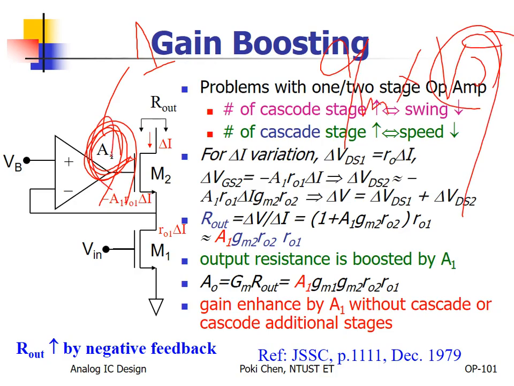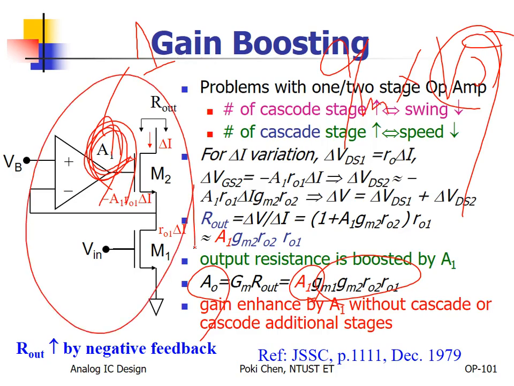Then similarly, what is the output gain? That is the original telescopic cascode case, okay? And we enhance it by A1, that's it. If you don't believe it, no worries, just derive it.